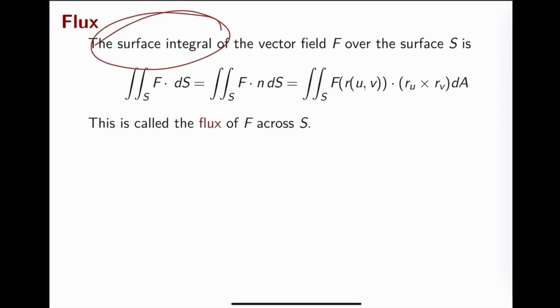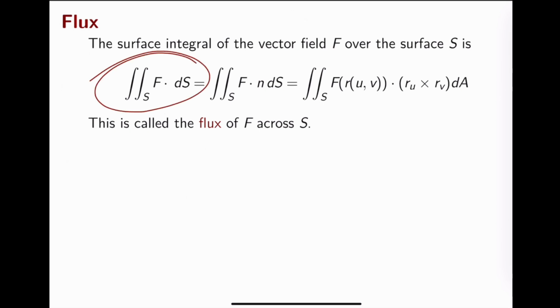The surface integral of a vector field, so now it's not a function but a vector field, is defined as the double integral over the surface of the dot product of F with the normal vector.